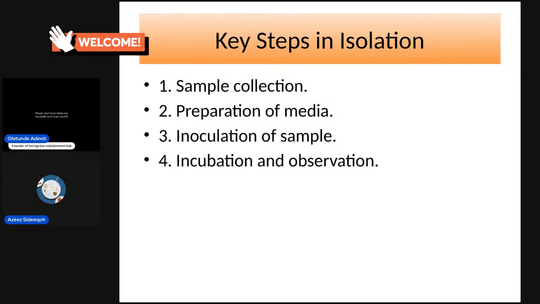You cannot say that you are interested in soil microorganisms and go and collect a blood sample. It is not done. So the first step is, can you collect the correct sample that can give you the microorganism that you are actually looking for.